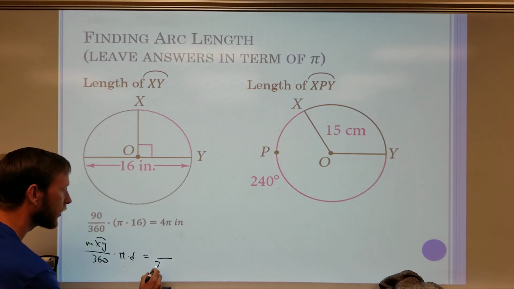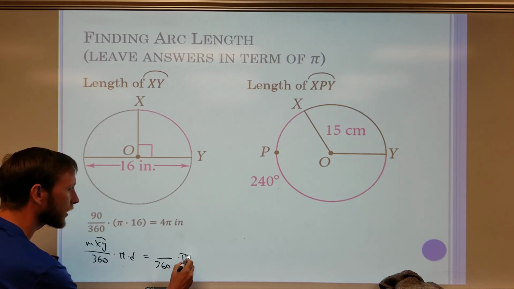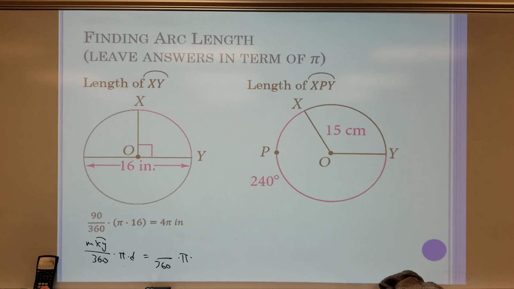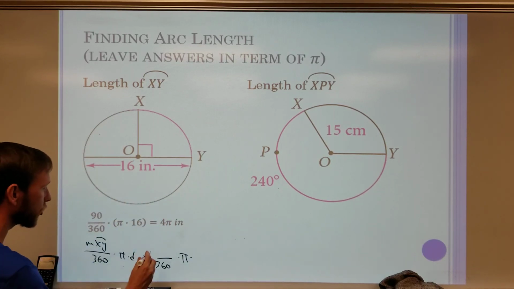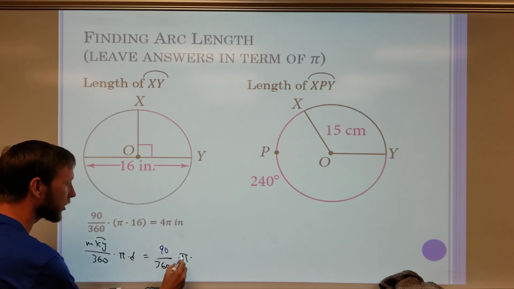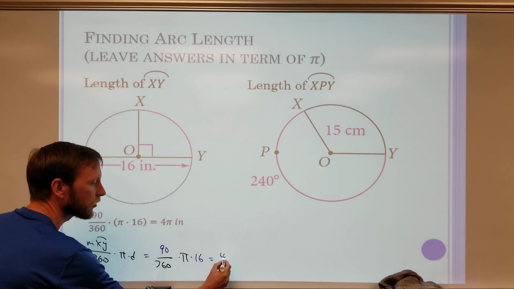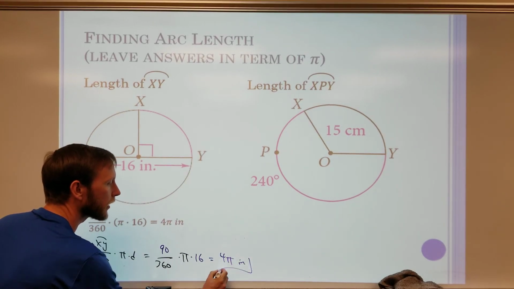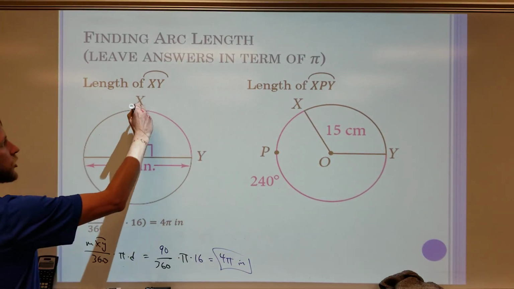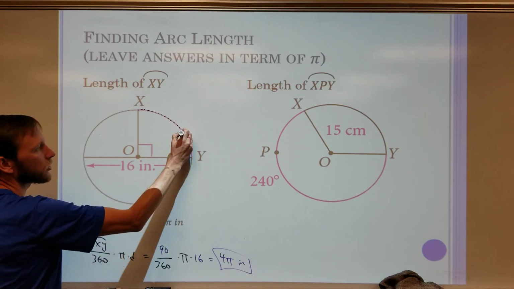And what that means is we can substitute these values. We know the measure of the arc. We know the length of the diameter. And when we multiply that, we get 1/4 of 16 pi, which is 4 pi. And again, we put our units there in inches. So this is 4 pi inches.